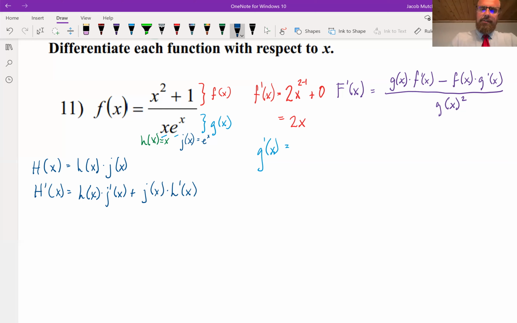So to take the derivative of my denominator, which is a product, let me find the derivative of its parts. The derivative of h of x, which is the derivative of x, is going to be 1. And then the derivative of j of x, that unique function e to the power of x, is its own derivative.